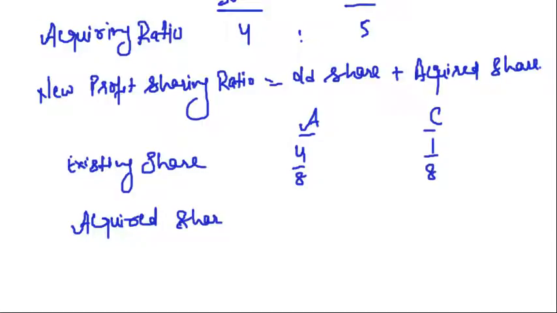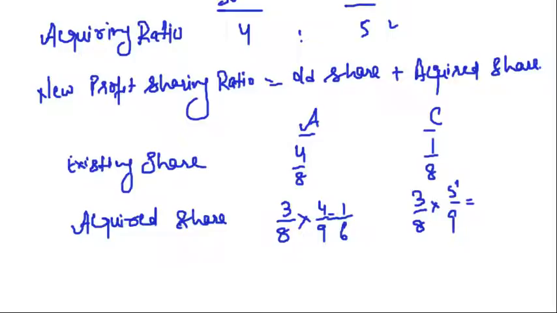How much is A acquiring? The total share of B is 3/8 and they are acquiring this share in the ratio of 4:5. That means for A it is 3/8 multiplied by 4/9, and for C it is 3/8 multiplied by 5/9. Clear? This comes to 1/6 and this comes to 5/24.